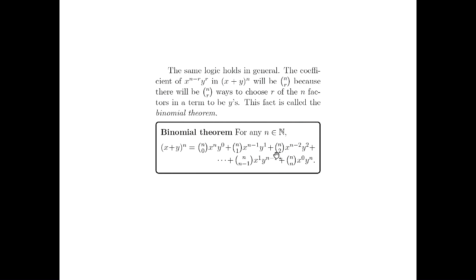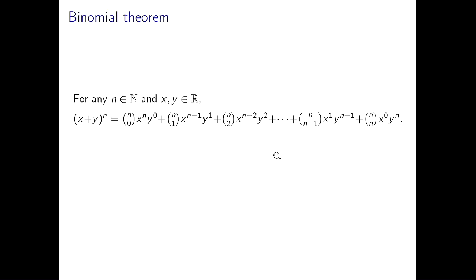I had to squash it in a bit in the notes, so let me give you the single line version here. What it says is that if you're expanding out (x plus y) to the power n, then basically your coefficients are going to be the rows of Pascal's triangle, right?